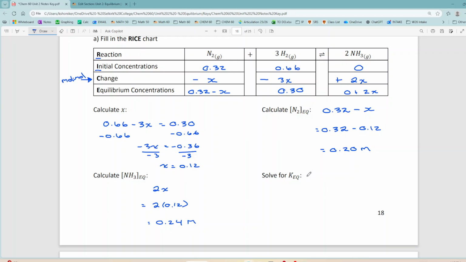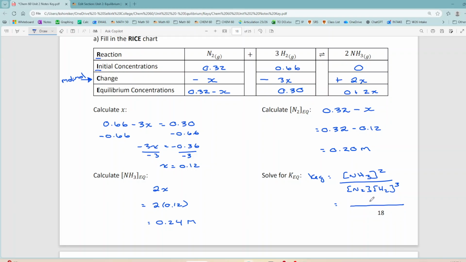So then if I wanted to solve for KEQ, KEQ is the concentration of products, which is my ammonia squared, divided by reactants, so nitrogen times hydrogen cubed, and then I can put in my equilibrium concentrations.